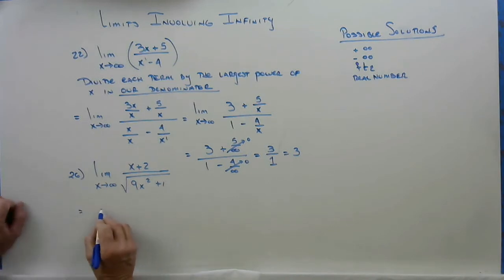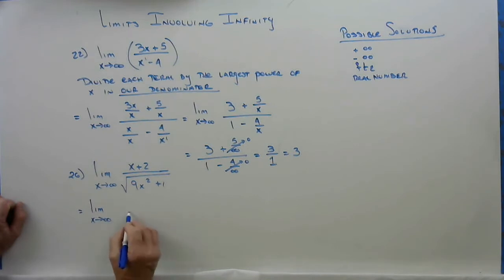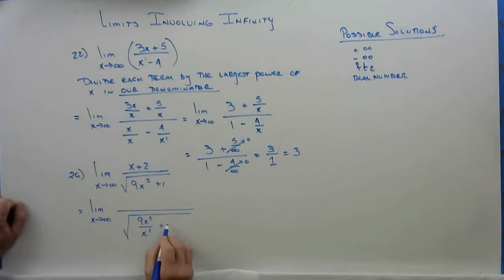So we're going to rewrite this as the limit as x approaches infinity. Our denominator, remember, we have a radical, so we have 9x squared divided by x squared plus 1 divided by x squared. Nothing happens down there. We just divide by the highest power of x.